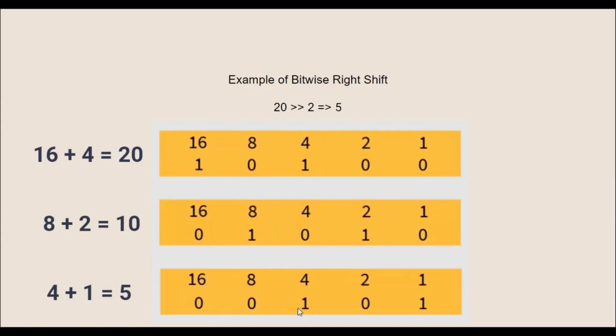Again, the bits are shifted one more time because we have given a 2-bit shift. So from 8 it shifted to 4 and from 2 it shifted to 1 on the right side, and the blanks which are created on the left side are filled with 0. So the answer 5 came with the following operations one by one.